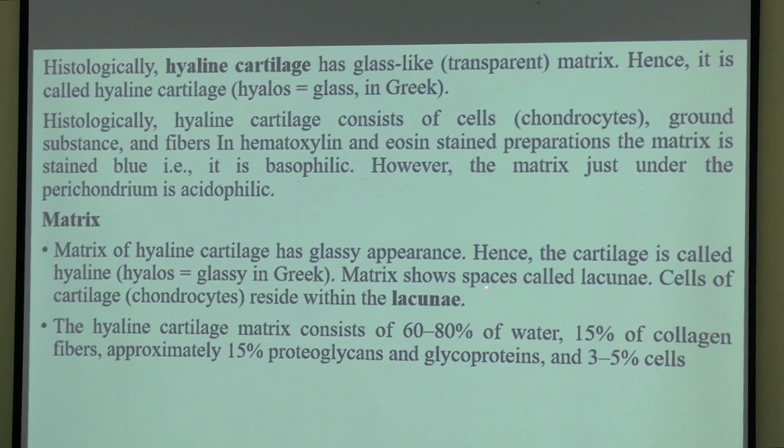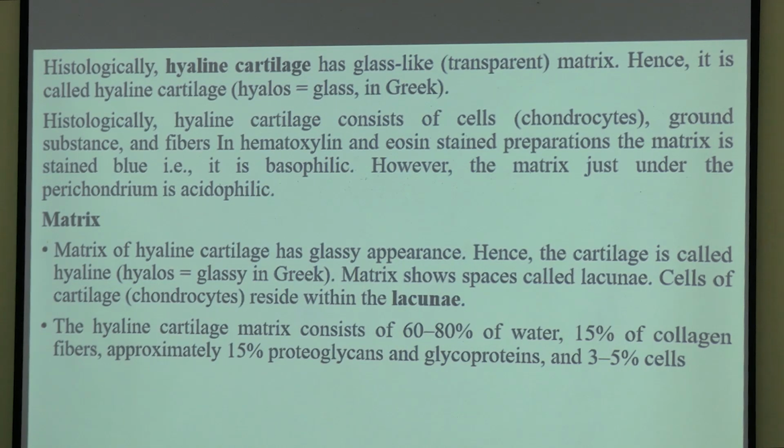The matrix shows spaces, which are called lacunae. Very important. Inside the matrix some spaces are there, and those spaces are called lacunae. Inside the lacuna, the cartilage cells are present. As I said, cells will be there, fibers will be there, ground substance will be there.